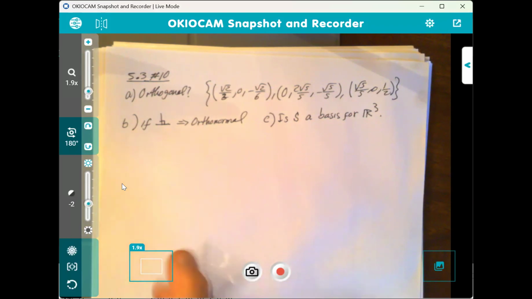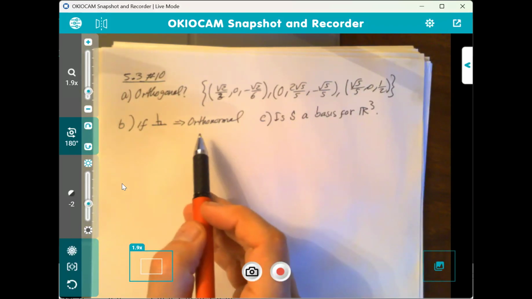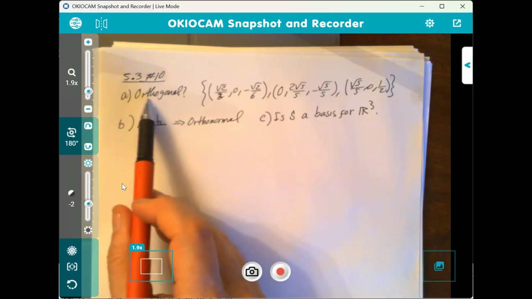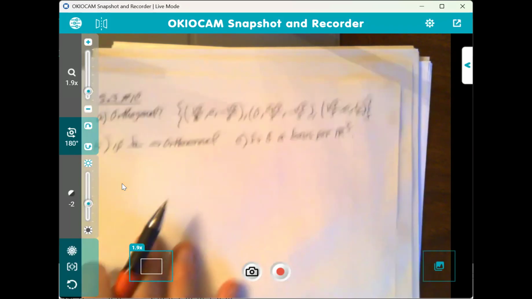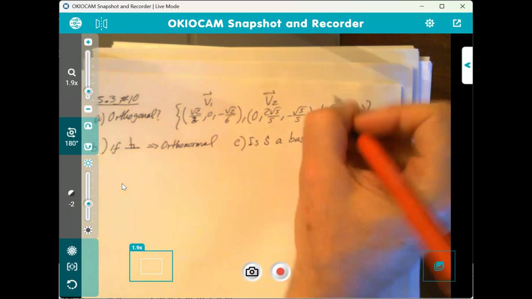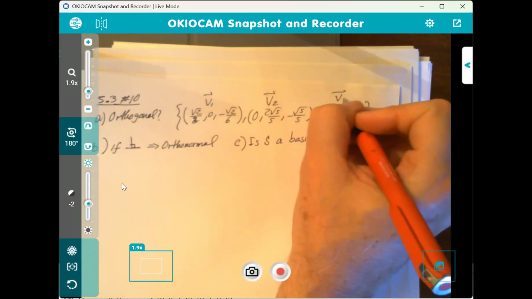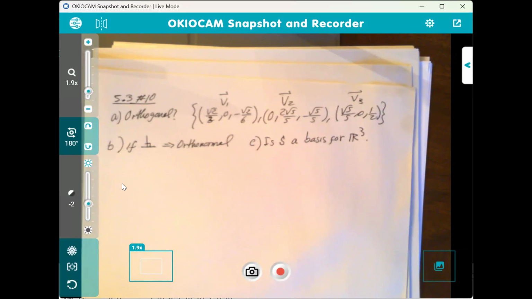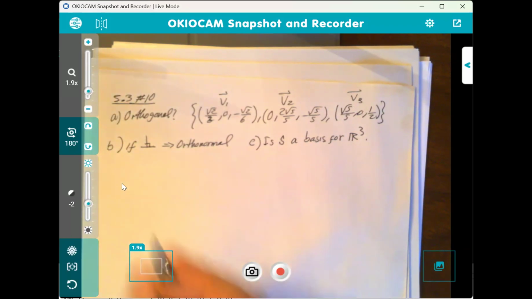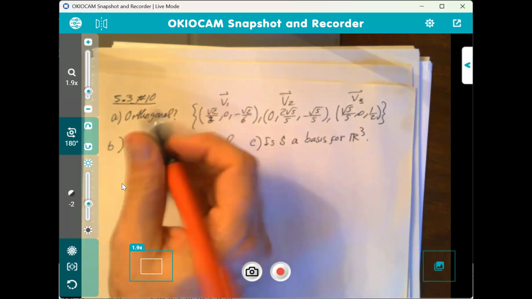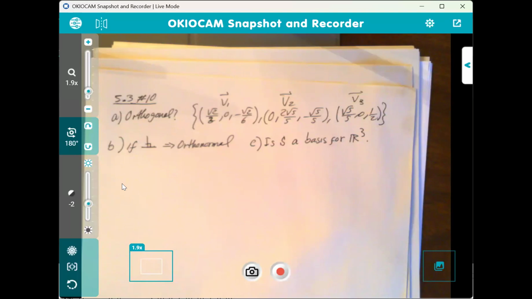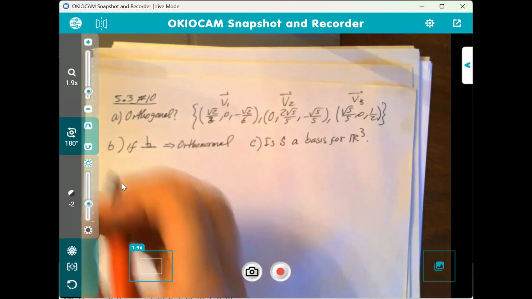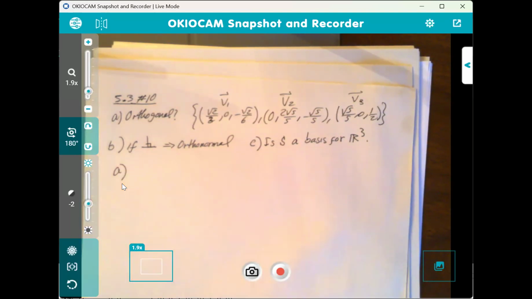First, orthogonality. Part A, are these vectors orthogonal? And these vectors, by the way, here's V1, V2, V3. So we have 3 vectors in that set. Remember, we have to show, well, you tell me, anyone want to jump in? Feel free. What do I need to show in part A to show that these are orthogonal?